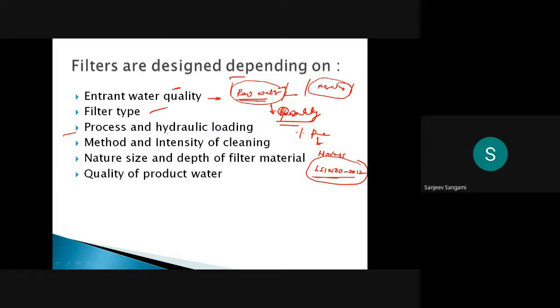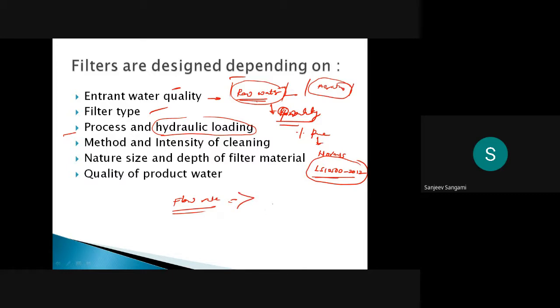Then how much loading you are giving. Hydraulic loading in the sense, normally it is flow rate: how much quantity of water you are filtering, how much load you are giving to that filter.